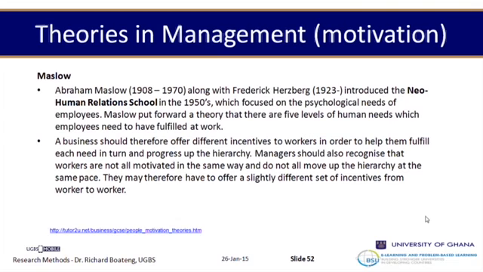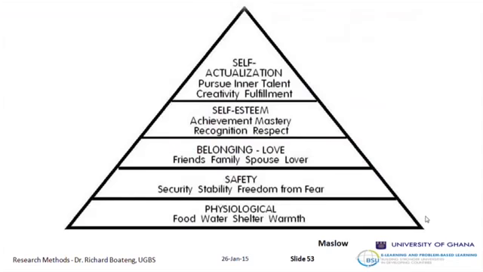A business should therefore offer different incentives to workers in order to help them fulfill each need in turn and progress up the hierarchy. Managers should recognize that workers are not all motivated the same way. I emphasized that earlier. We talked about it earlier.